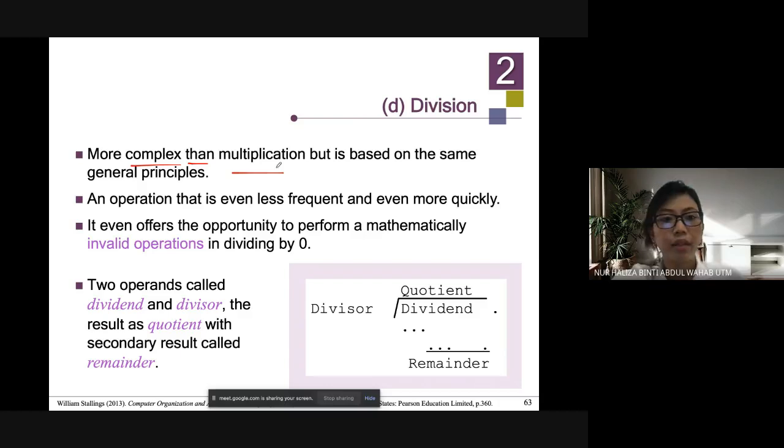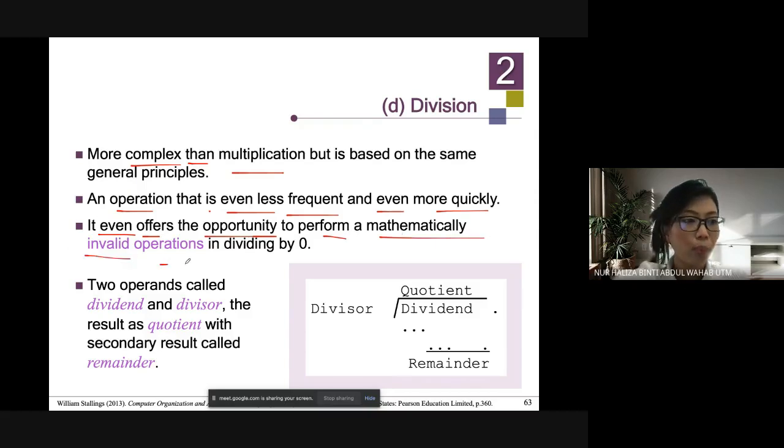Then over here, division is even less frequent and even slower. In the divide operation, there is the opportunity to perform a mathematically invalid operation by dividing by 0. So if you have this, it's going to be an invalid operation.